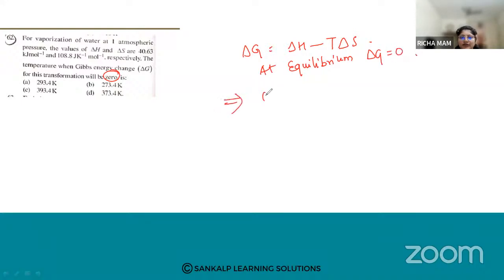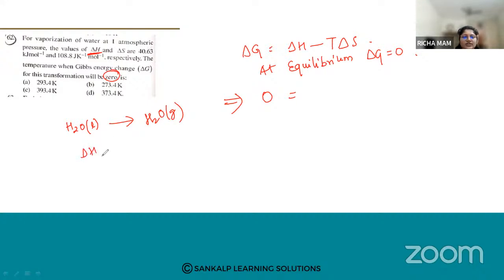So put the values. What is happening? Your water, which is liquid, is getting vaporized to gas.